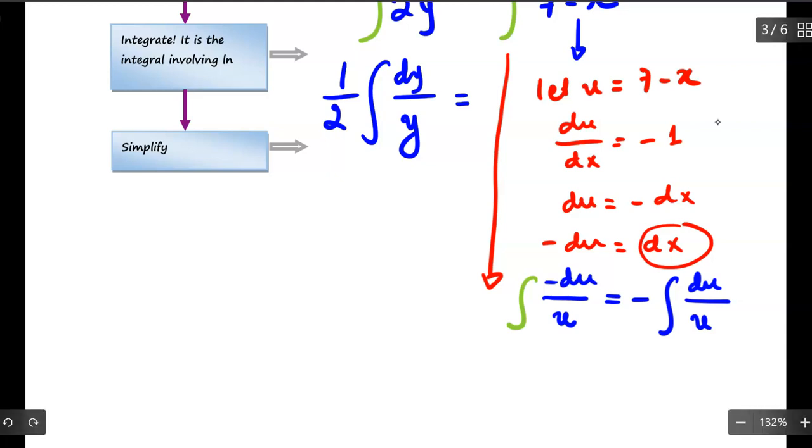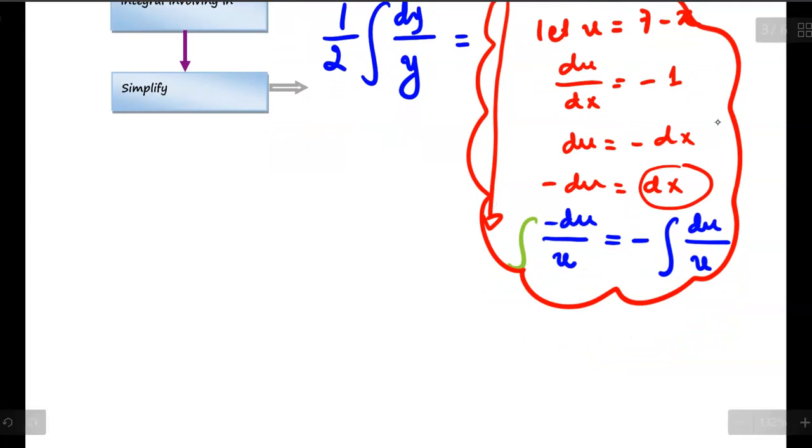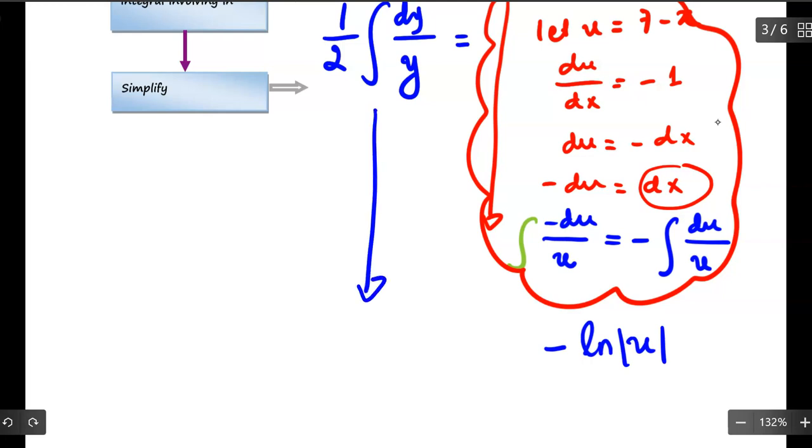So now I am going to put this in, and this will become negative ln of u, absolute value, and this one will become a half ln of y, absolute value, and this is equal to, so I will put plus c1, plus c2.